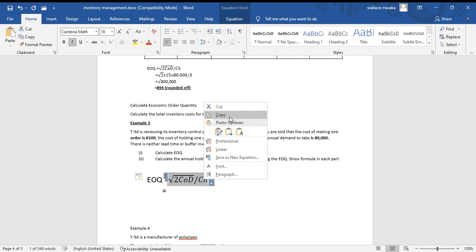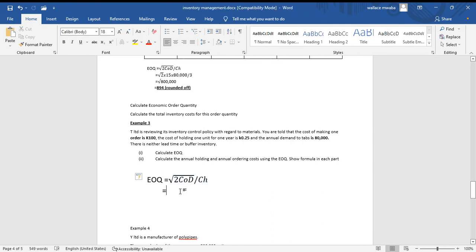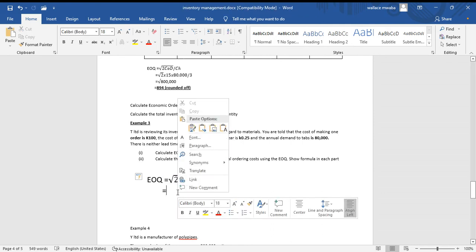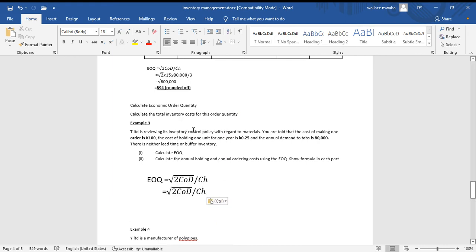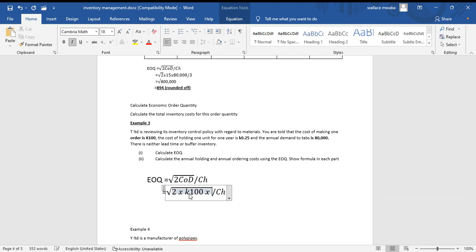So we're going to say 2 times 100 kwacha, which is the reordering cost, times the demand, which is 80,000, over the holding cost, which is 0.25 ngwe, so put 0.25 kwacha.